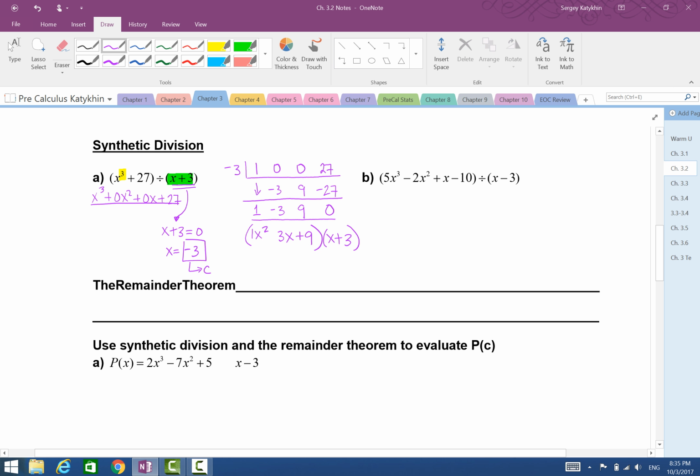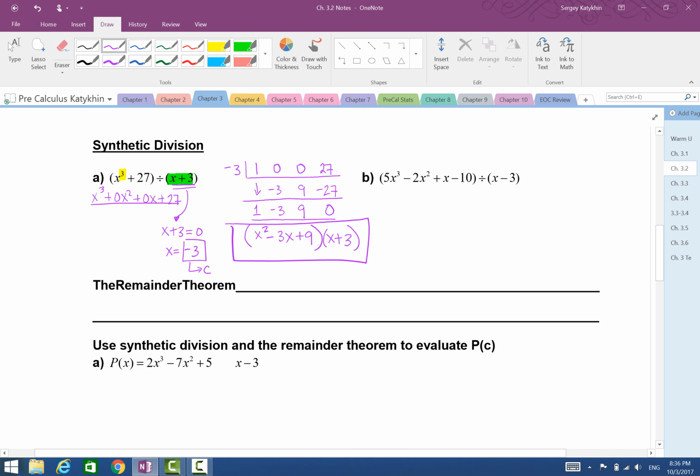So let me write that. It will be x squared minus 3x plus 9 times x plus 3, and again, we don't really need that 1 in front of the x squared. And so my final answer is going to be what's in the box.